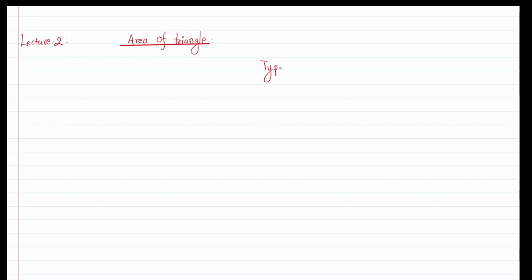Before this lecture, we studied the types of triangles on the basis of their angles. Today we'll be discussing the types of triangles on the basis of equality of sides, right? Types of triangle.